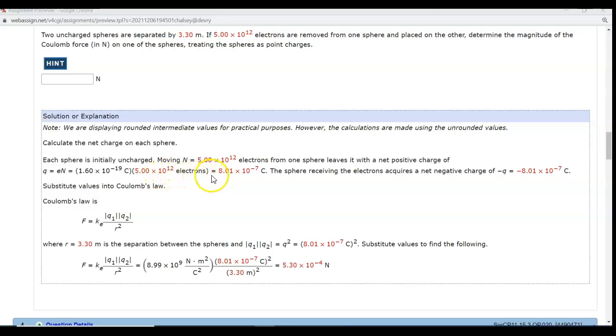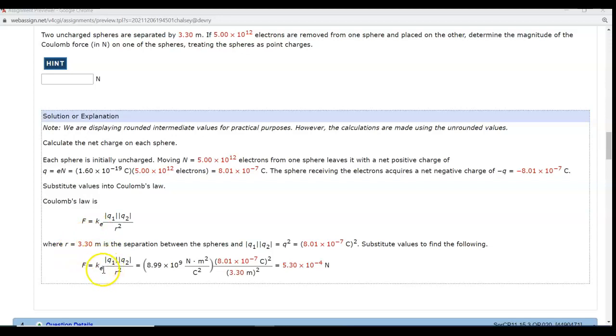We multiply those two together and we get 8.01 times 10 to the negative 7th. So we look at entering this exponent the same way we did in the last problem. But that's not our final answer. That's the charge that's created. We can then use that to solve for the final force.